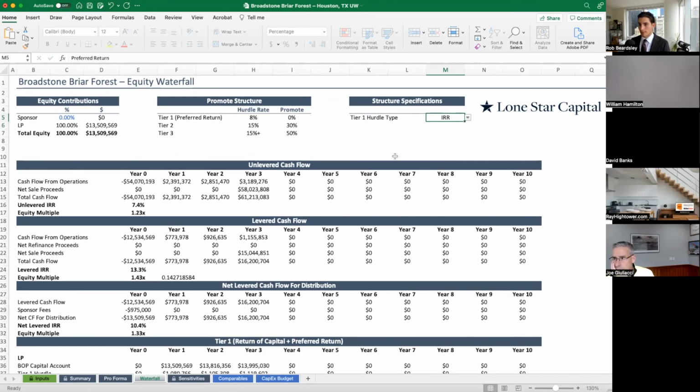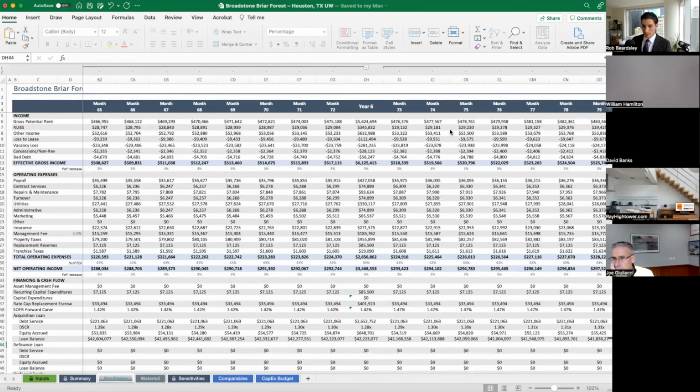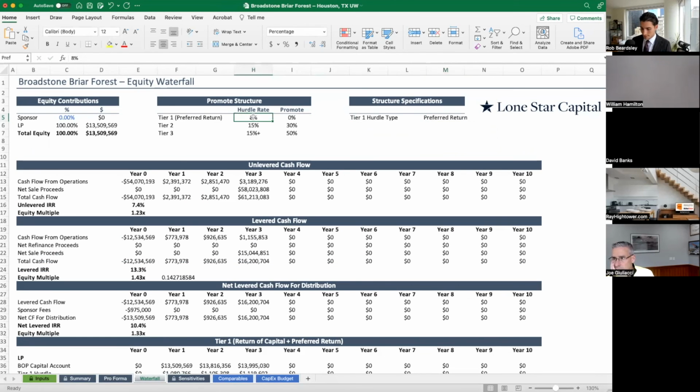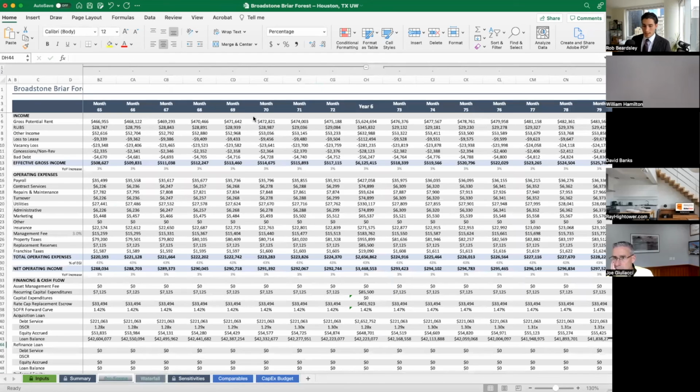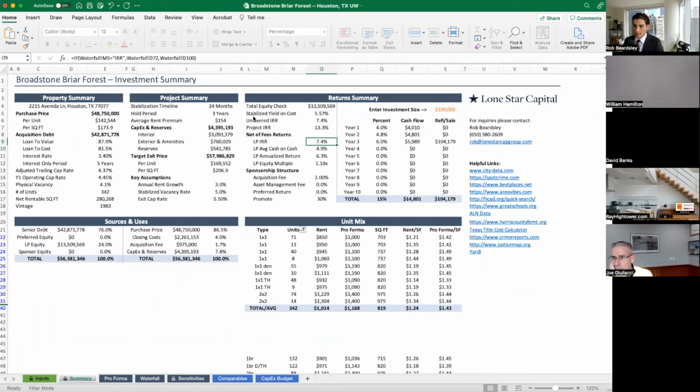I'm not sure why it's not working. There we go. 0, 30, 30, 30. 7.4. So you can see 9.2 versus 7.4, and the cash flows 4.9. Again, they're the same. So you can see in the downside scenario, you underperform even more because you don't have that preferred return holding you up.